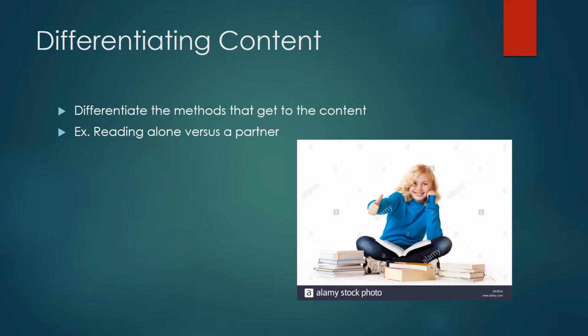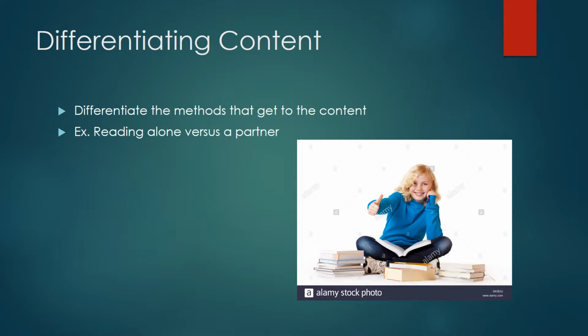So here we're talking about the 3 different ways that we can differentiate in the classroom, and the first one is content. It's important to understand it's always based on readiness, learning profile, and student interest. Differentiating content is about differentiating the methods that get to that content.